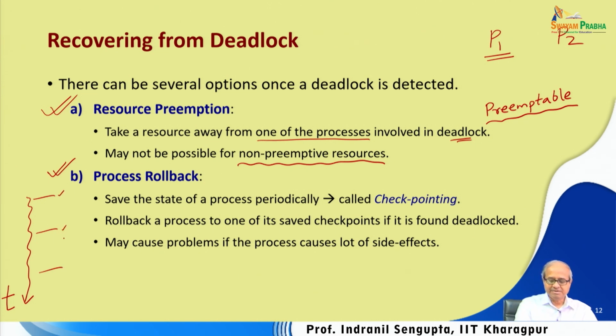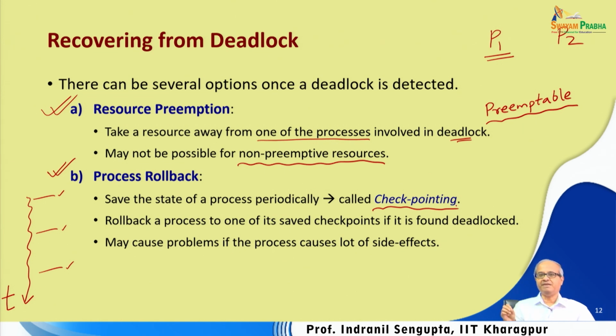These points are referred to as checkpoints. We do something called checkpointing. That means, how far the process was executed, the state of the process control block, the resources it was holding, whatever relevant information, so that we can start the process again from that point.